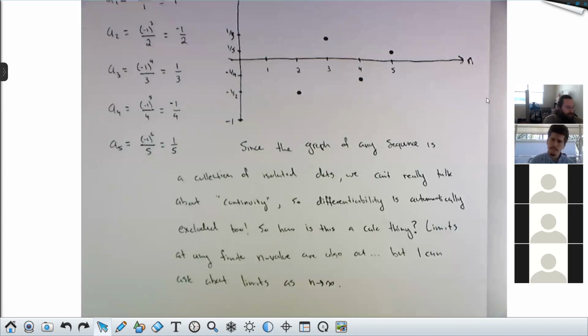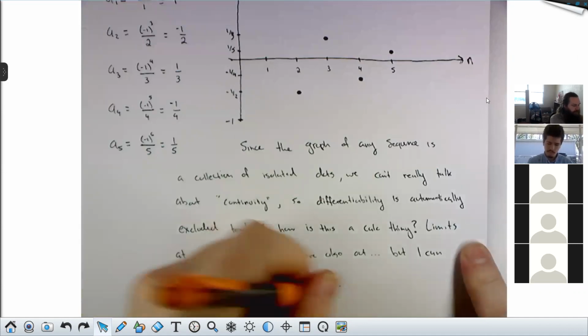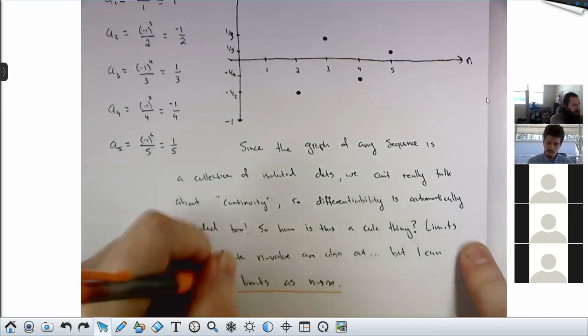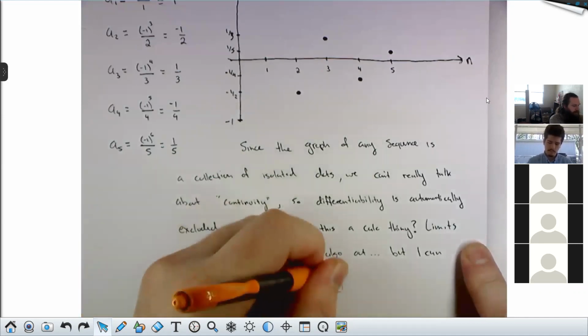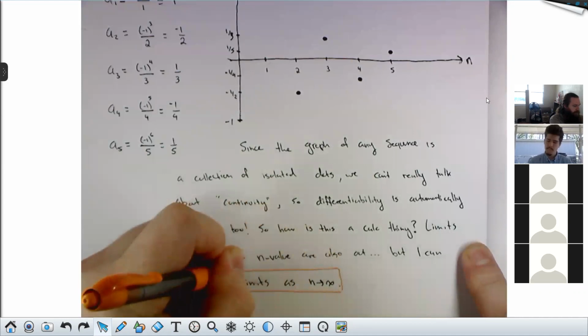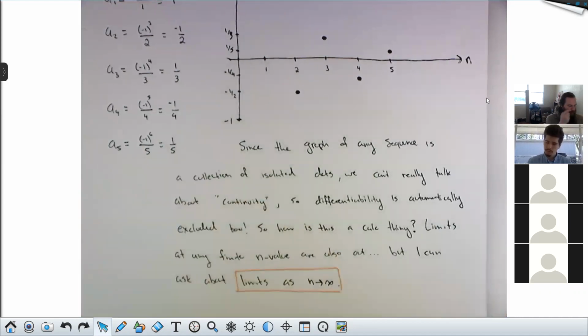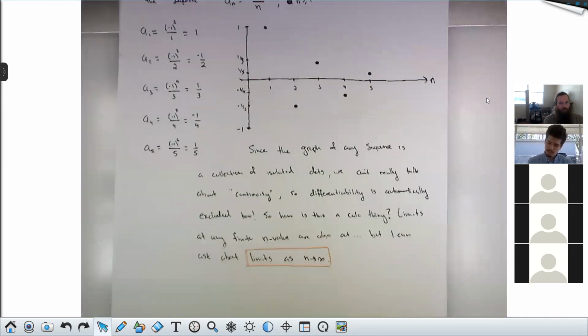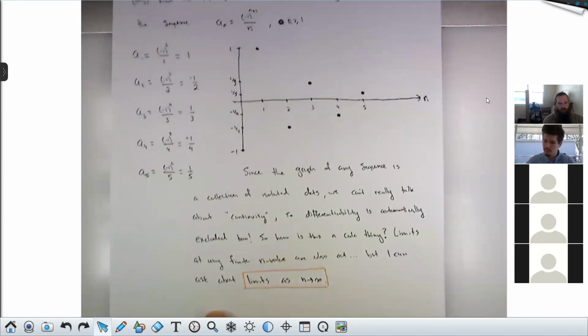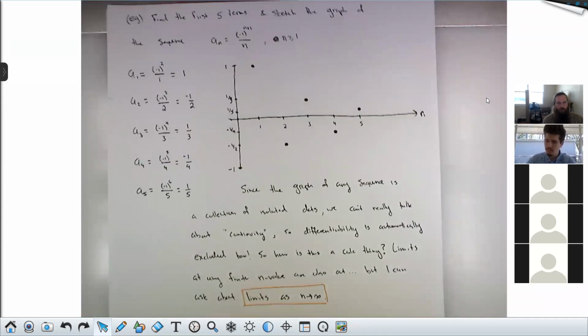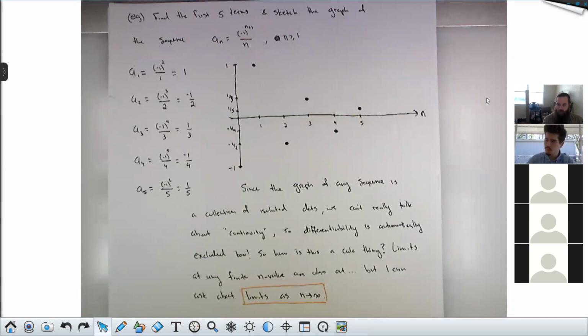But before we even introduce the concept of a series, I need to get you comfortable doing this. This is going to be our big calculus operation for sequences. We're going to take limits as n goes to infinity, and that's how we're going to define convergence for a sequence.